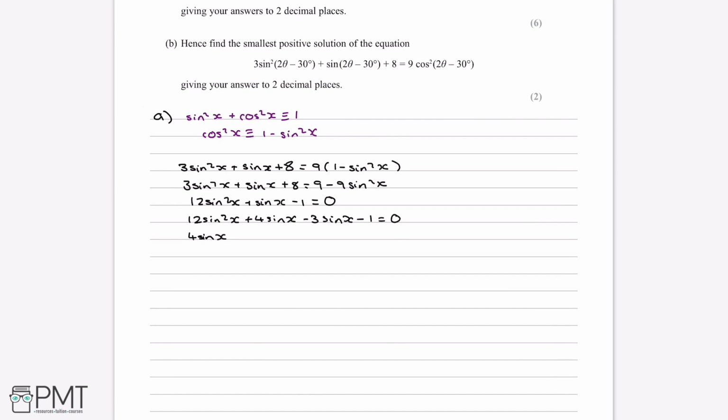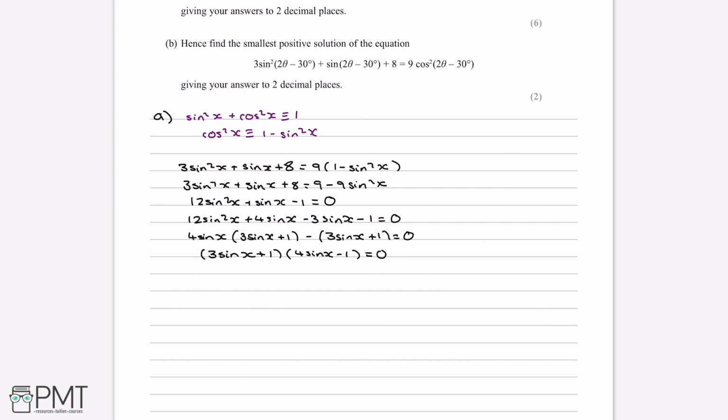If we do it like this, we take 4 sin x out of both of these terms, and we're left with 3 sin x + 1. And here we can take -1 out of both terms, and we're again left with 3 sin x + 1. When we factorise this, we're left with (3 sin x + 1)(4 sin x - 1) = 0.